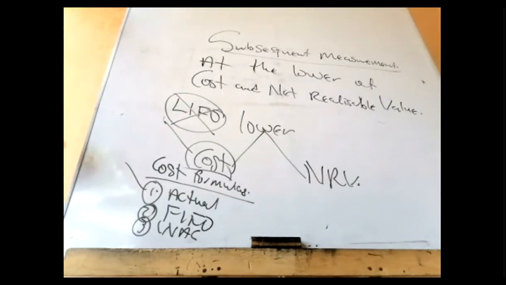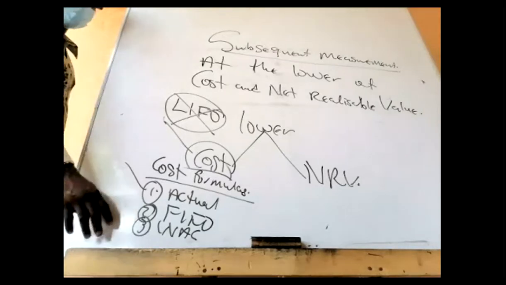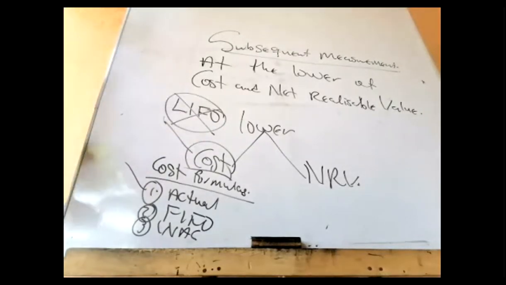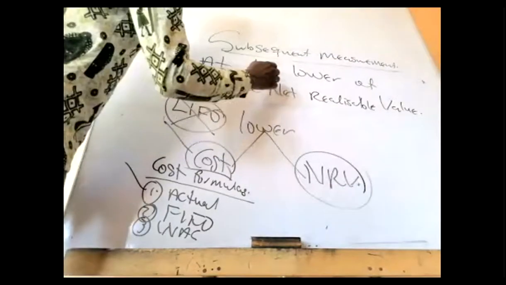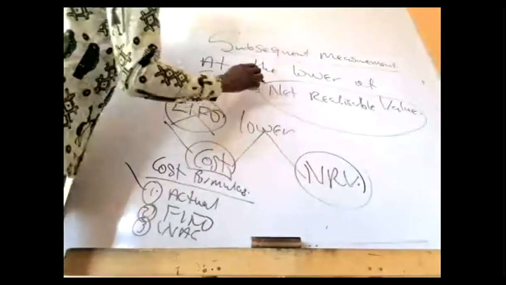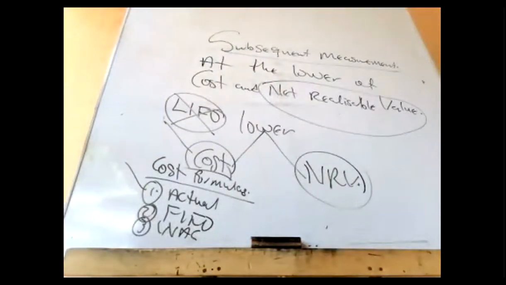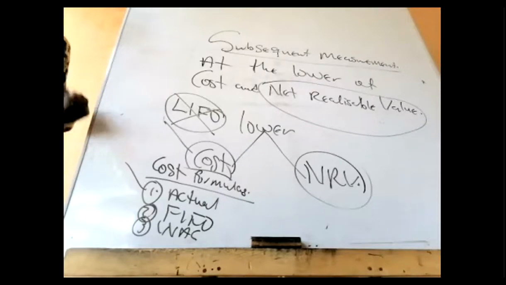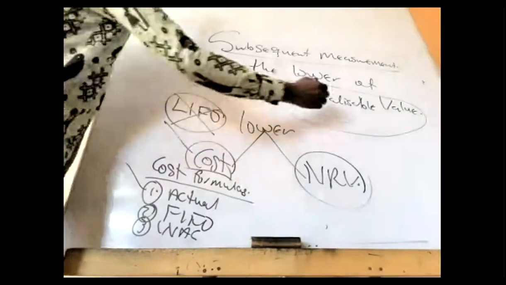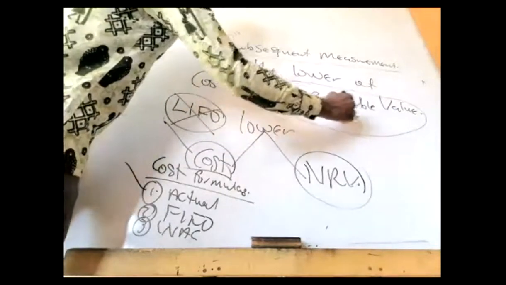Now we are done with the cost, how to obtain cost. Now let's go to the NRV. What is NRV? Net realizable value. If you hear the word net, it means you are separating something and taking the net amount. Realizable, I can also say by sale or disposal.